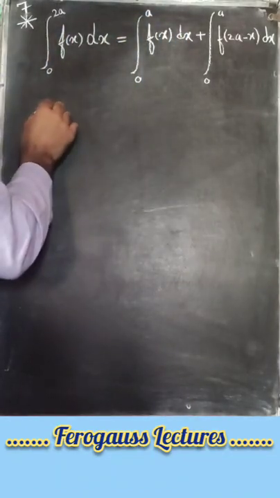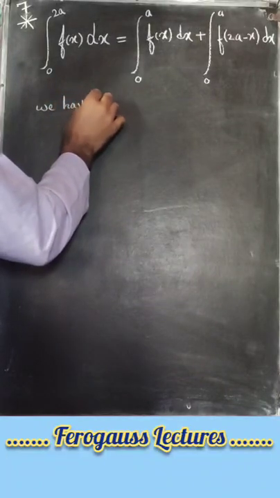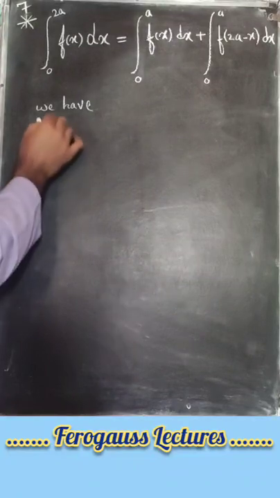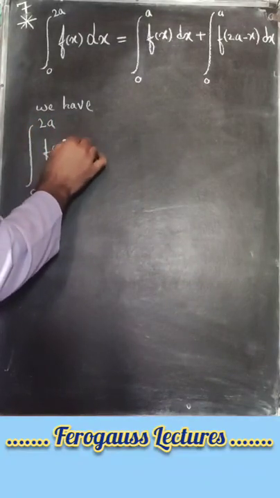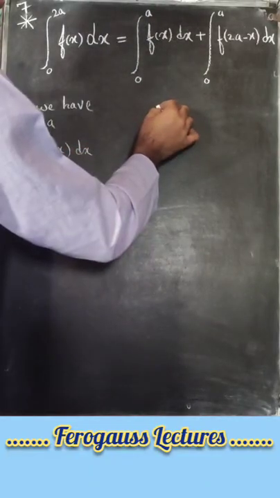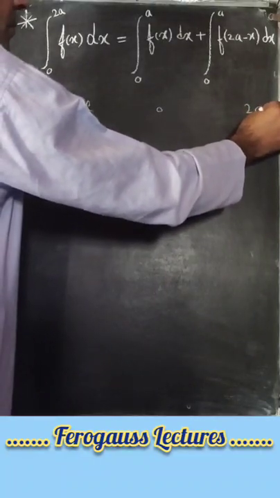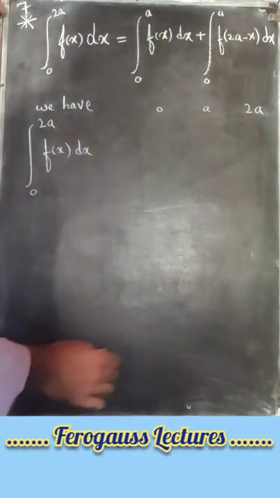For that, we have LHS, that is 0 to 2a f(x) dx. This is point 0 and this is point 2a. Then there is point a between these 2 points.